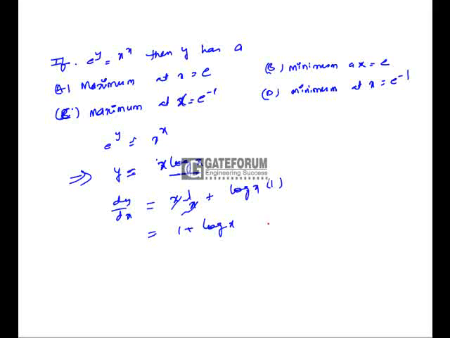For the minimum or maximum, f dash x should be equal to 0. So if this is equal to 0, here log x is equal to minus 1, implies x is equal to e power minus 1.